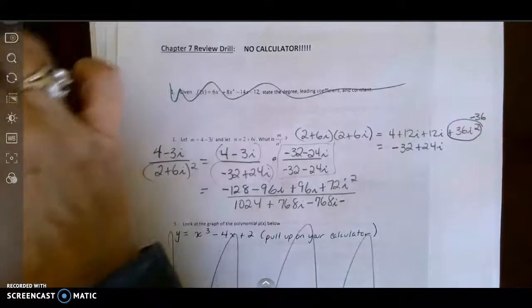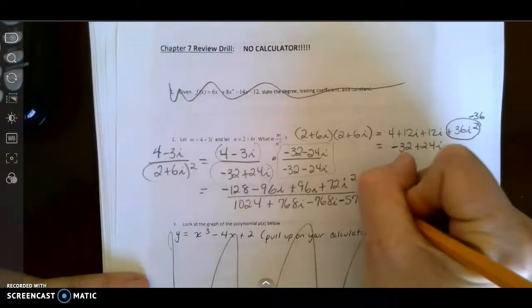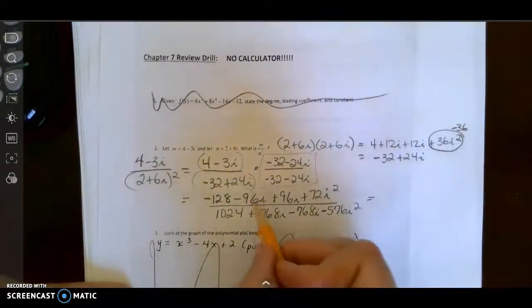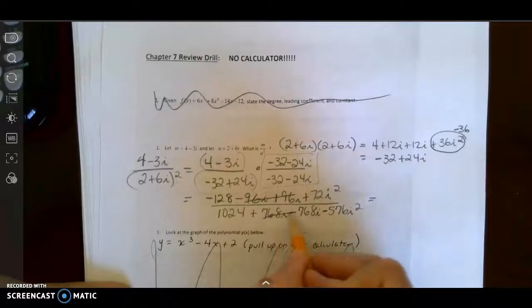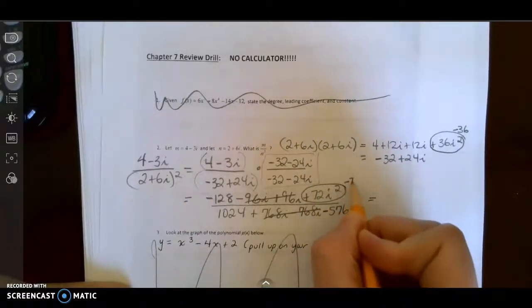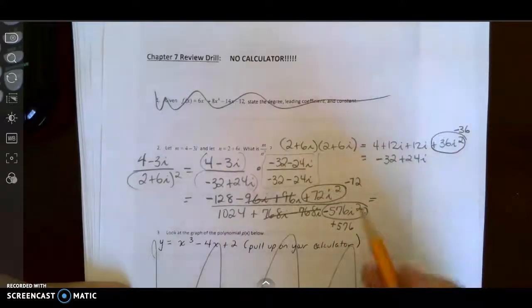And 24 times 24 is 576i squared. Glad we have calculators. These cancel and these cancel. This becomes minus 72. This becomes plus 576. Because remember, i squared is negative 1.